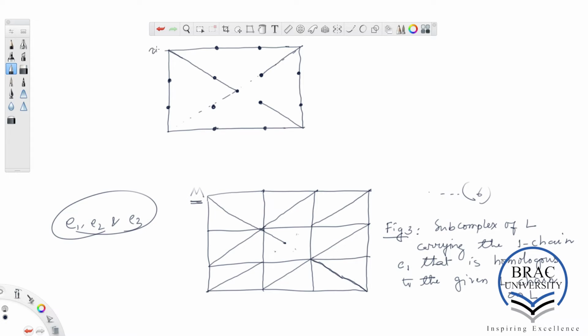Let me call these vertices V prime, V double prime, V triple prime.